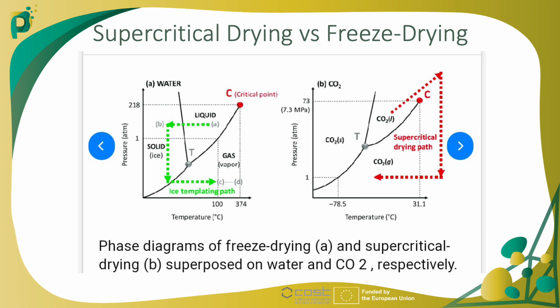Carbon dioxide at 31.1 degrees centigrade and 73.8 bar is in its supercritical state, in which there is no distinction between the liquid and gaseous phases. The same applies to these critical values for water.